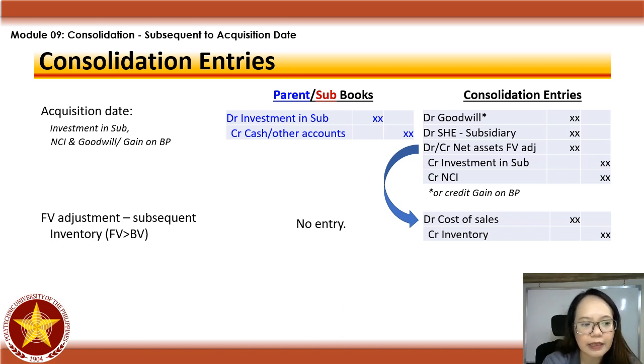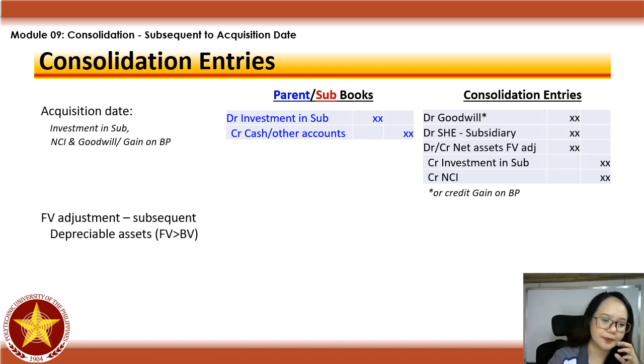So whatever that amount is, the full amount, you should also expense it to cost of sales. So, if your fair value is higher than book value, then your cost of sales is understated, so you add to it. Your entry will be debit cost of sales, to increase your cost of sales, and credit inventory, to close the net asset fair value adjustment entry above. When the fair value is lower than book value, your entry is just reversed.